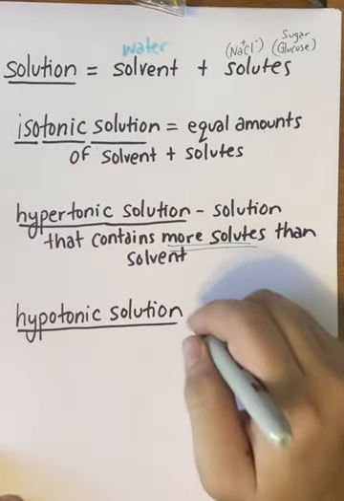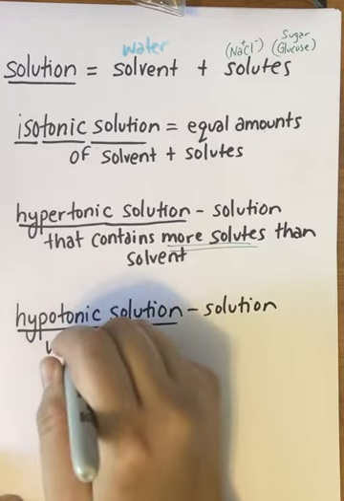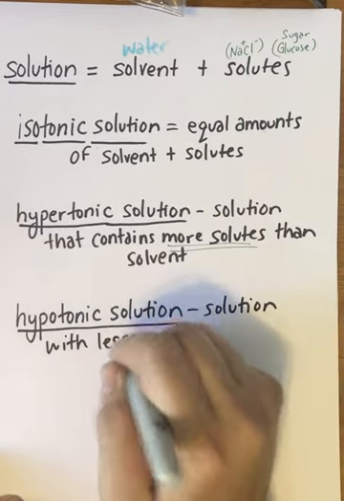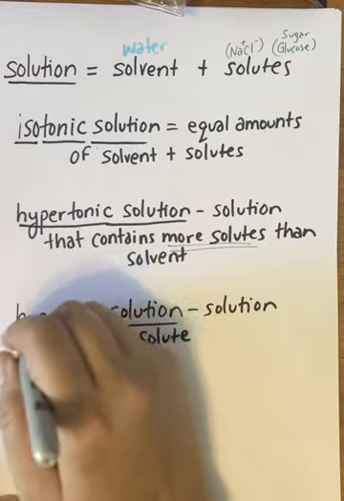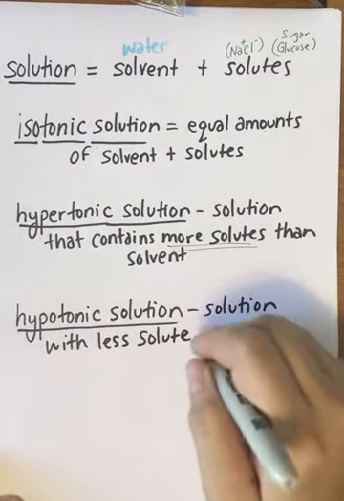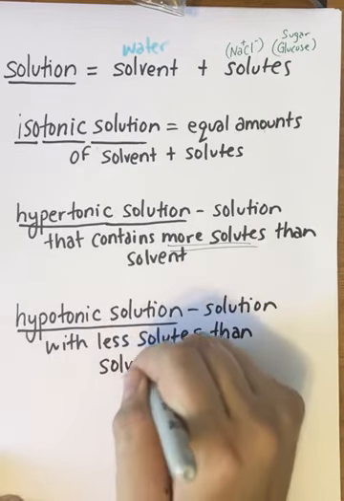A hypotonic solution is a solution with less solutes. Hypo means below, hyper means above, than solvent.